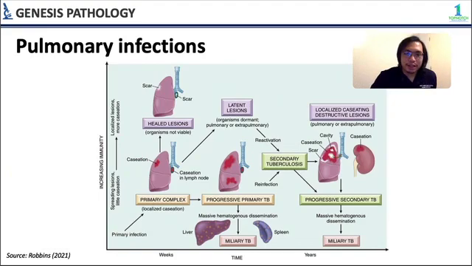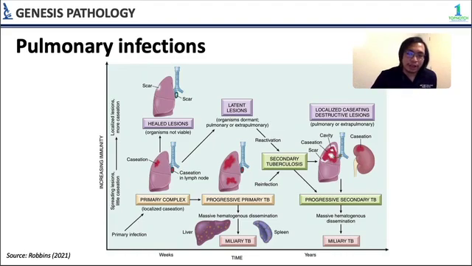Tuberculosis, this is a good slide for tuberculosis. So, usually, we start with primary infection, magkakaroon ka ng primary complex. Then, magkakaroon ka ng localized caseation, usually Ghon focus, sa mid lang. Kapag Ghon complex kasi, it's your Ghon focus plus your lymph node.